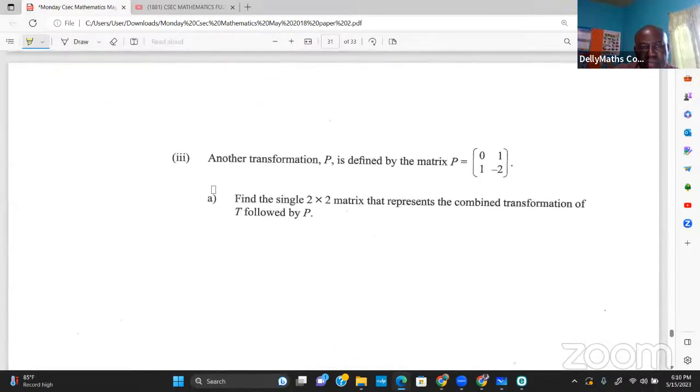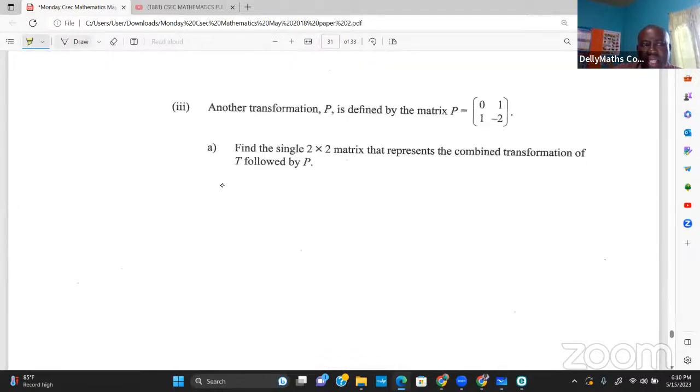Now, this question reads, it says, another transformation P is defined by the matrix. So P is 0, 1, 1, negative 2. So that's another transformation.